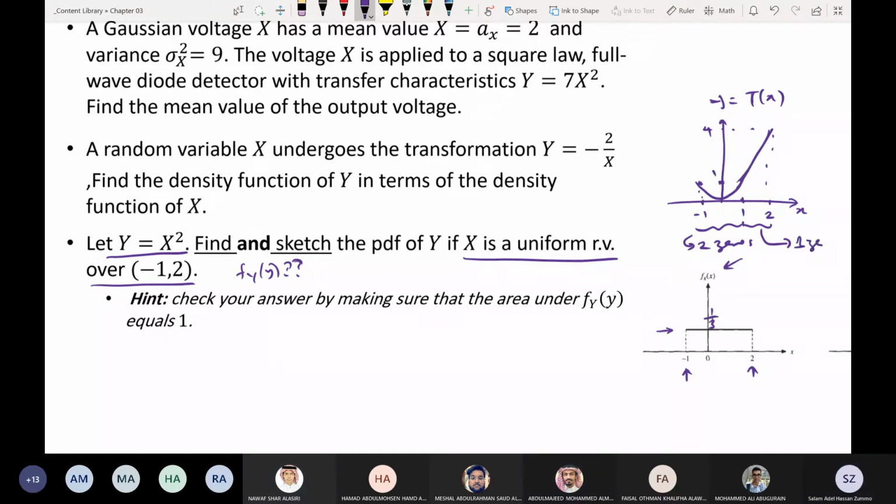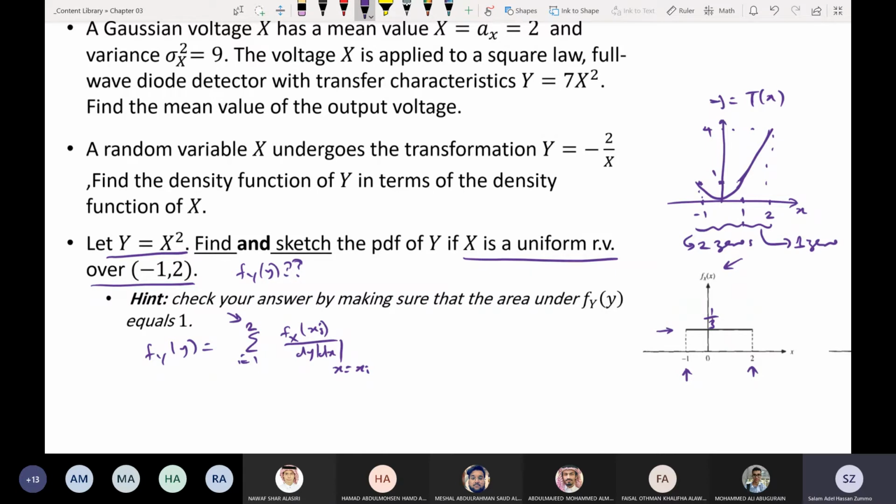So we cannot blindly apply f of y equals the summation over i from 1 to 2 of f x of xi divided by the absolute value of dy dx at x equal xi. We cannot just blindly do this because in a certain range of x we have 2 values, and in a certain range of x we have 1 value.